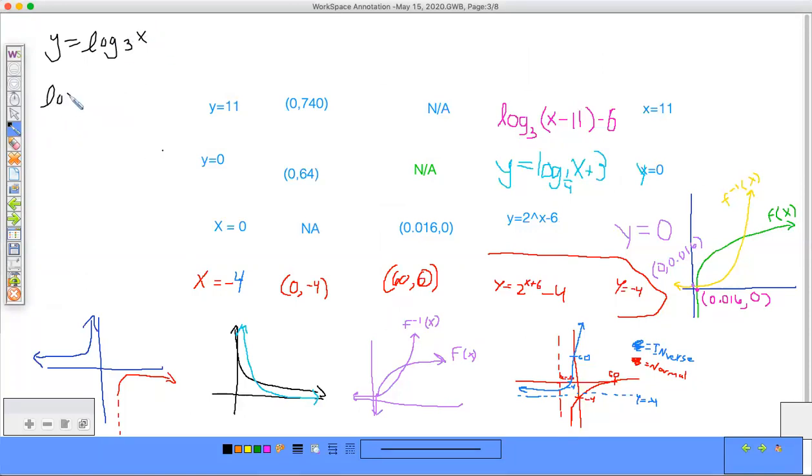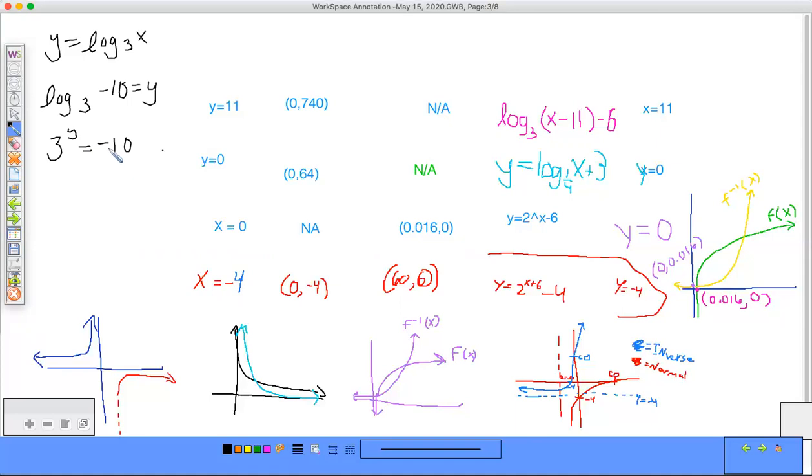If I said log base 3 of negative 10 equals y, and rewrote this in exponential form, I would have 3 to the y equals negative 10. What value of y will somehow give me a negative 10 here?